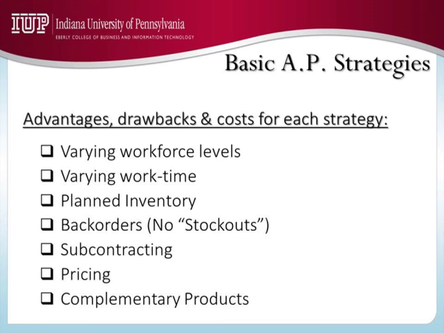Now, what is the biggest cost in varying workforce levels? The hiring cost, training cost. You have to keep that in mind. When you hire somebody, you got to train them. There is a lot of money involved. Then you also have something that we call the learning curve costs.